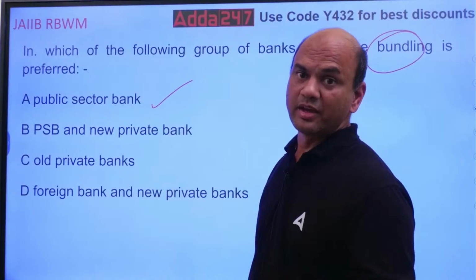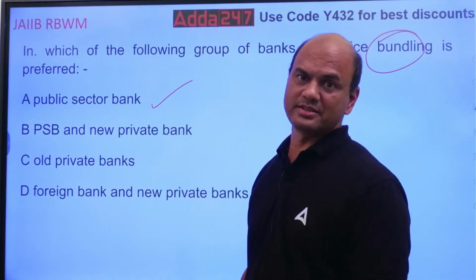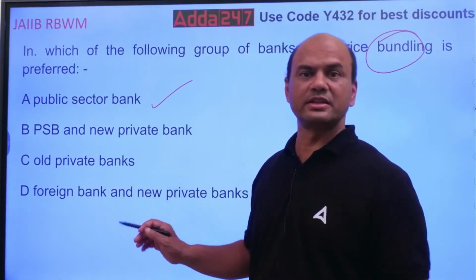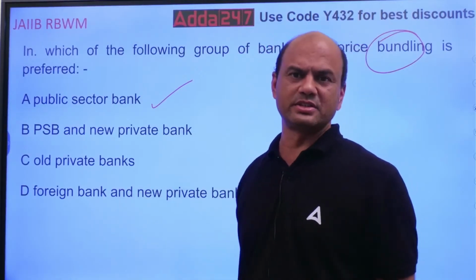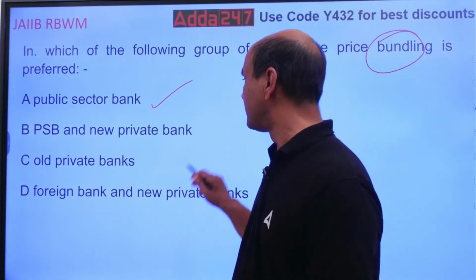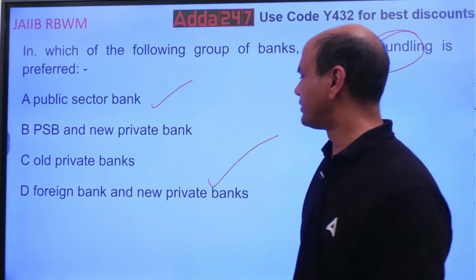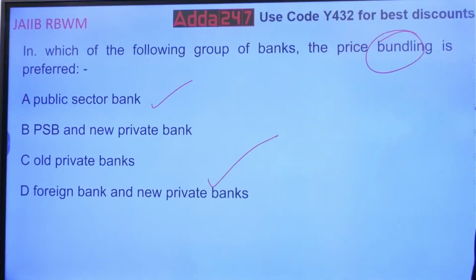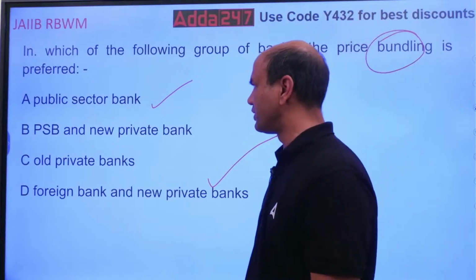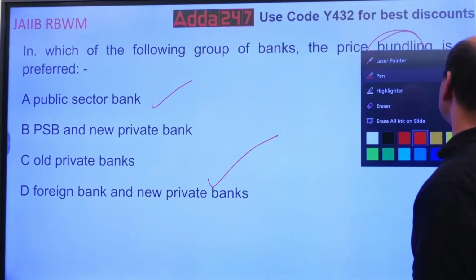But if it is not given something like this, if the answer is all of these, it is definitely all of these. If it is not given, then price bundling is done mainly in foreign banks and new private banks. They do a lot of this.